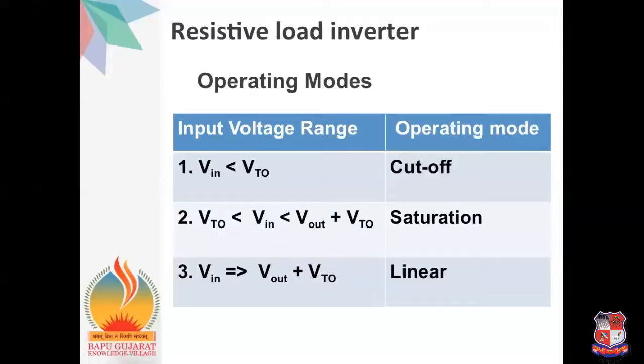Whenever the input voltage Vin is less than the threshold voltage, the driver transistor operates in cutoff. Whenever the input voltage is between VTO and Vout plus VTO, the driver MOSFET operates in saturation mode. And when Vin is greater than or equal to Vout plus VTO, the driver MOSFET operates in the linear mode.